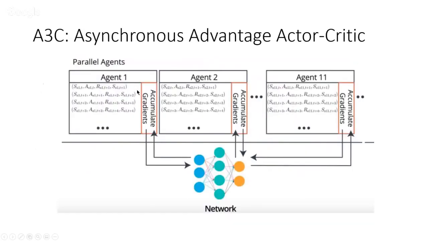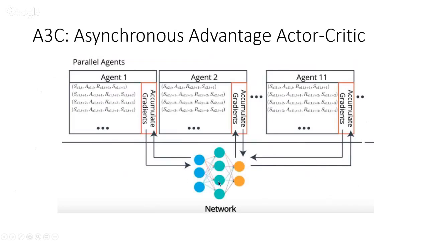So what are the popular types of actor-critic networks? A3C, also known as asynchronous advantage actor-critic, 3As and 3C. So the asynchronous part is that there are many agents, and each agent has its own copy of this network, and it has its own copy of the environment.